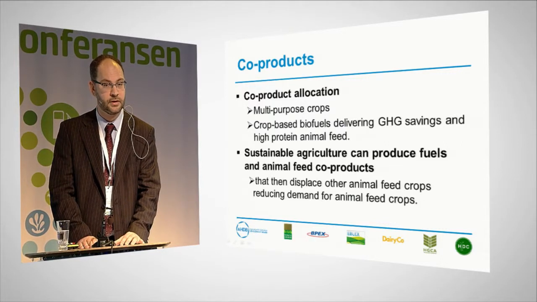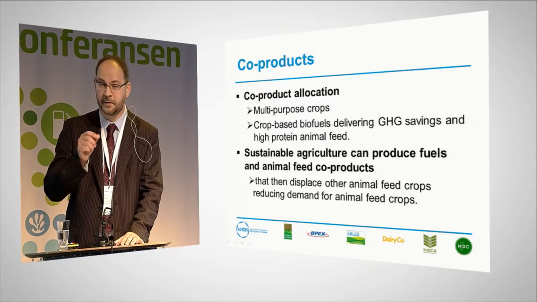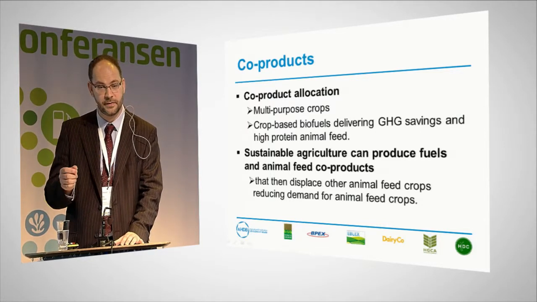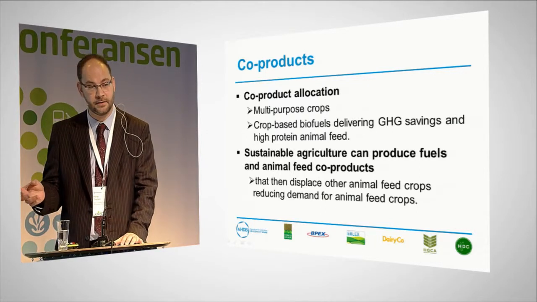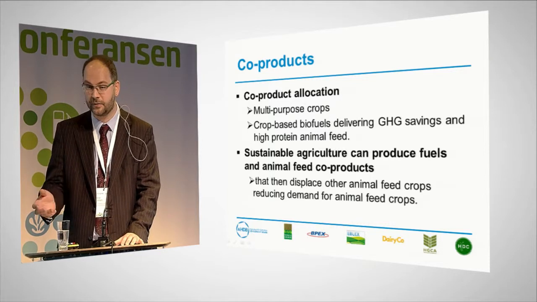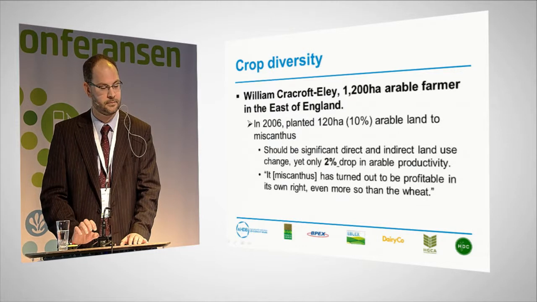We're already producing crops and their co-products, which are low or zero indirect land use change feedstocks. And just to reiterate, the high-value protein in animal feed is displacing other animal feed crops and reducing the demand for crop area for animal feed, and displacing soy, just in case you didn't get that.